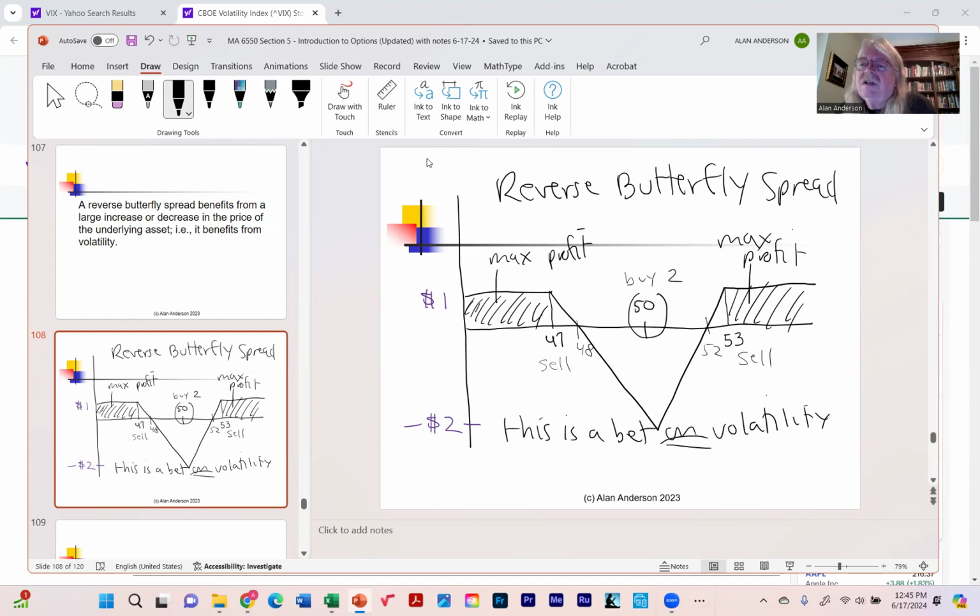Imagine if this stock is, let's say, Pfizer, a pharmaceuticals company. Tomorrow, they're about to announce whether the FDA approved their new drug or not. If the FDA says yes, the company will make a lot of money and the stock price will go way up. If the FDA says no, they'll lose a lot of money and the price will go down. I don't know which one it's going to be, but either way, I'll make money if I've set up a reverse butterfly spread.